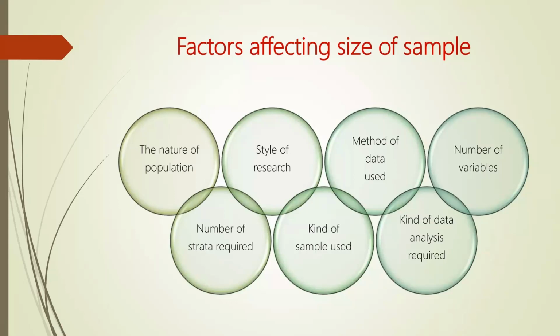Whether I'm going to use statistics, or not, if it is just qualitative data, that should all be defined whenever you are doing sampling. When you are doing sampling, you have to consider all these factors, and only then will your sampling be correctly done.